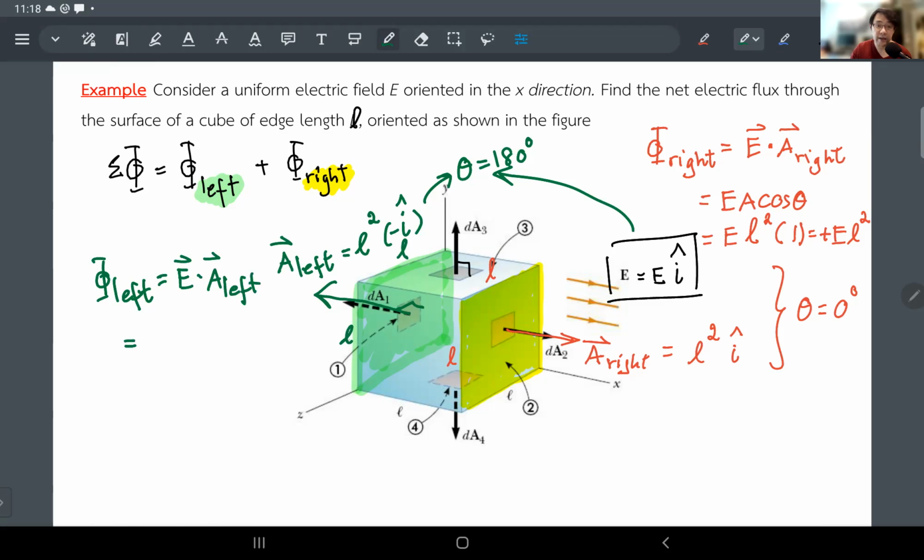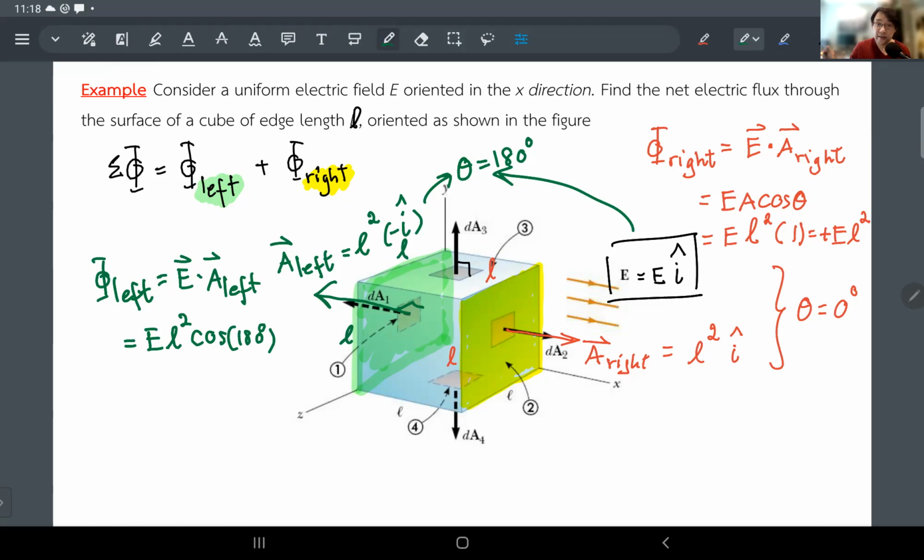If you want to use the cosine theta, you can say it's the magnitude of E times L squared times cosine 180. But if you use the i, j notation already, you just take the vector A dot with the vector E, and you get a negative anyway.